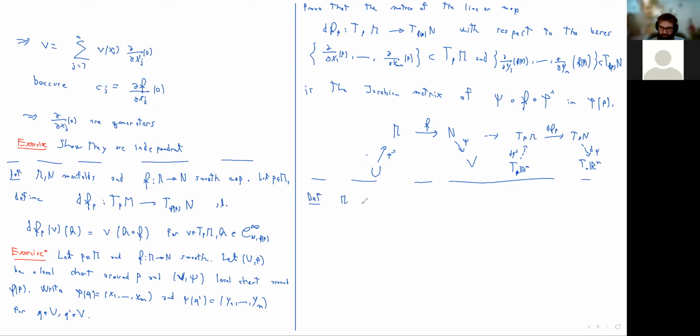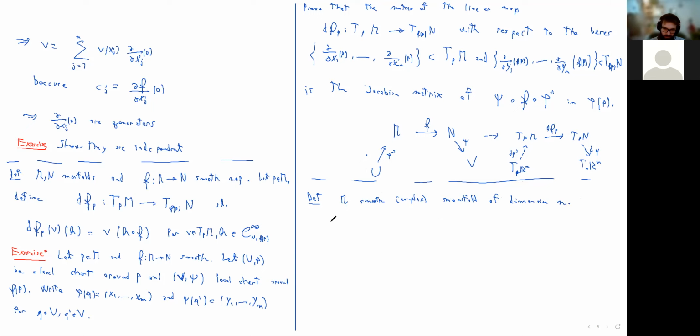So we take M, a smooth or complex manifold of dimension n.